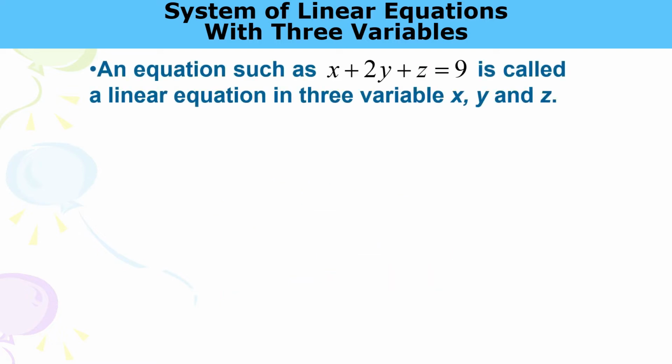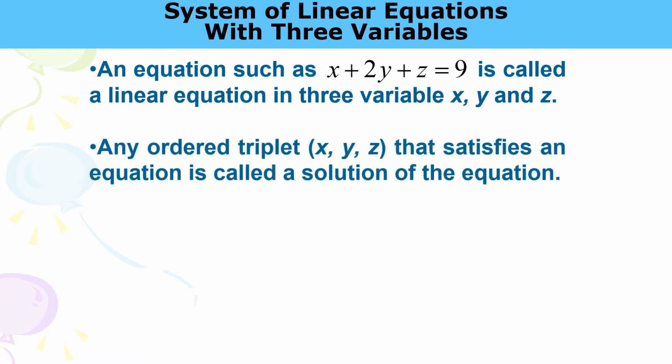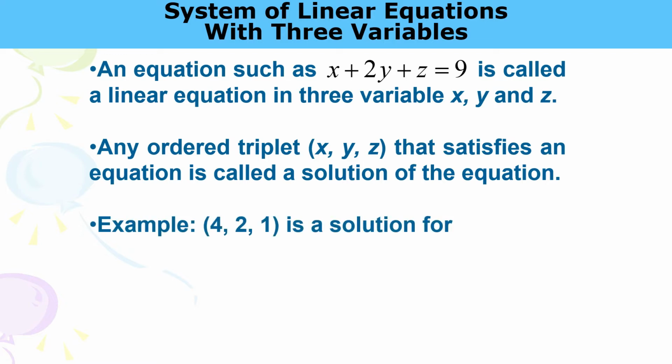An equation such as x + 2y + z = 9 is called a linear equation in three variables x, y, and z. Any ordered triplet (x, y, z) that satisfies an equation is called a solution of the equation.